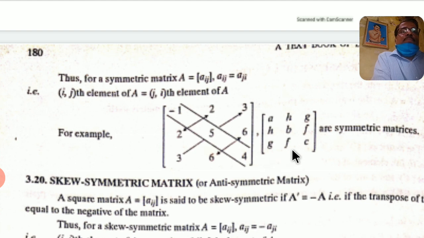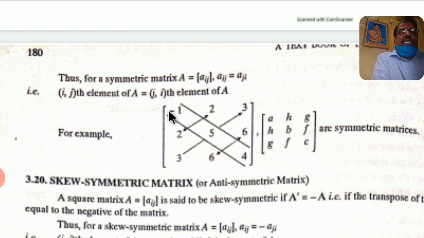Similarly, here also it is the same: A H G, H B F, then G F C. It is also a symmetric matrix. In other words, we can check symmetry this way. This is the diagonal of this matrix, that is -1, 5, 4.